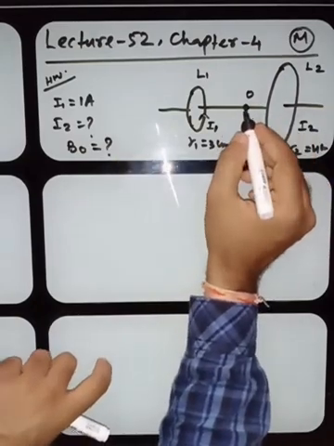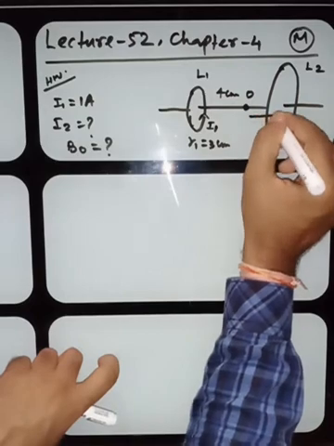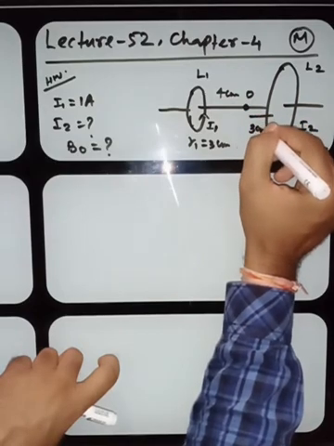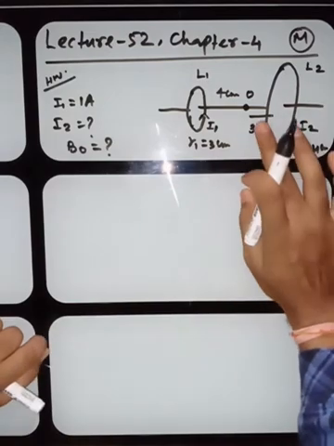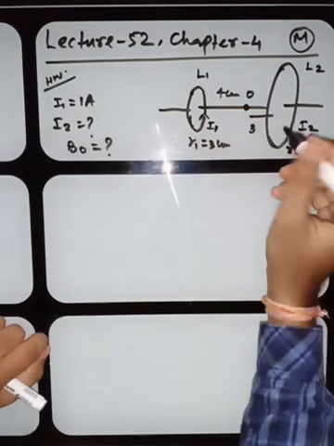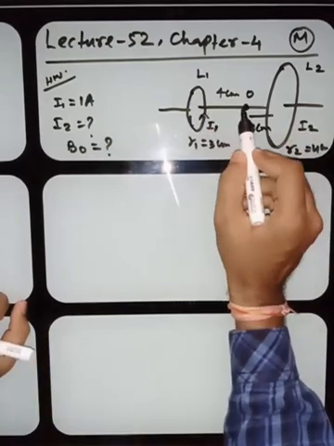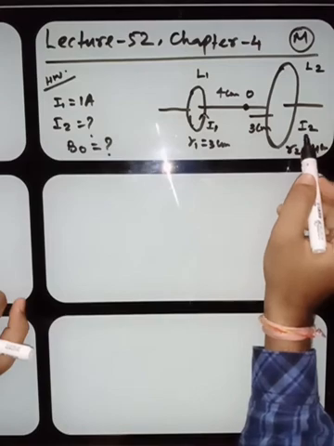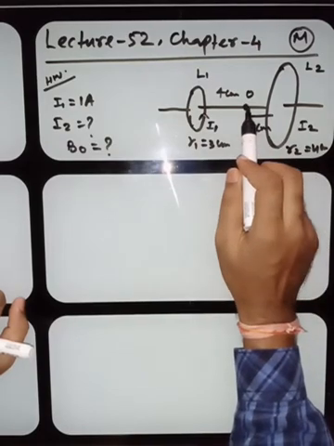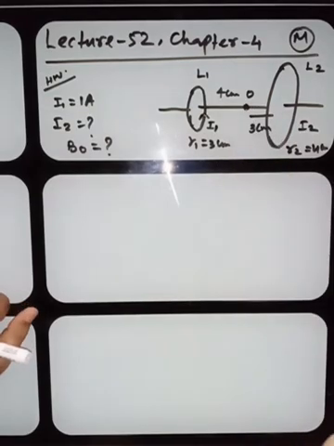This point O is 4 centimeter from the smaller one and 3 centimeter from the bigger one. You have to find for what value of I and direction the net magnetic field due to both coils at O will be 0.